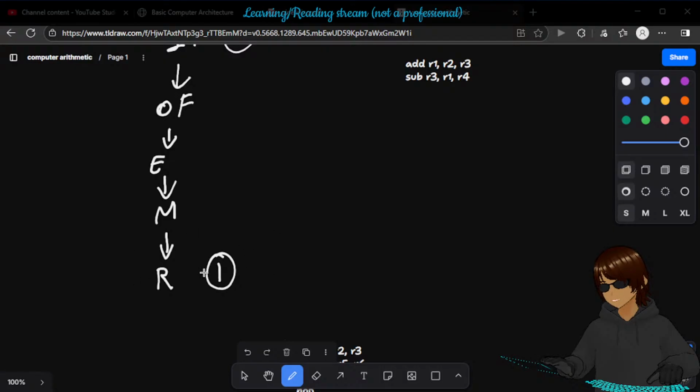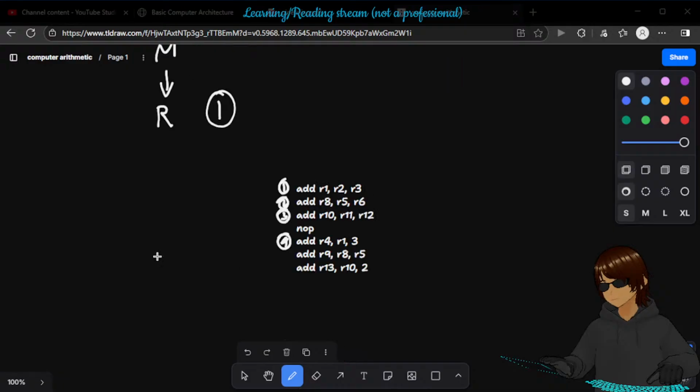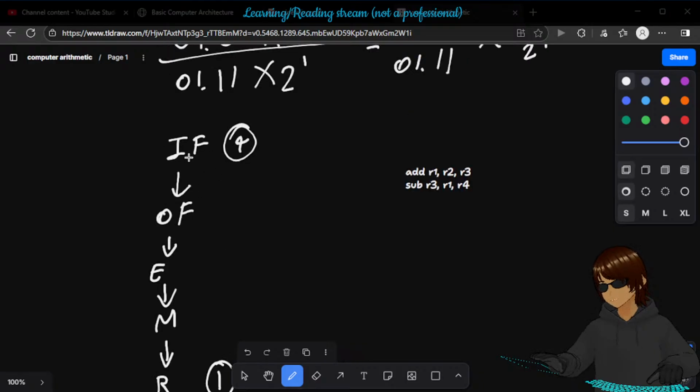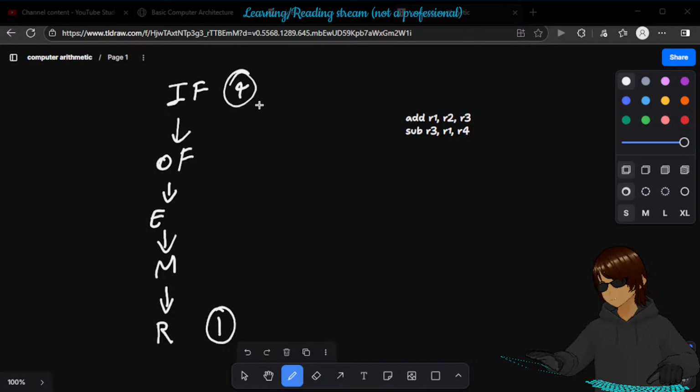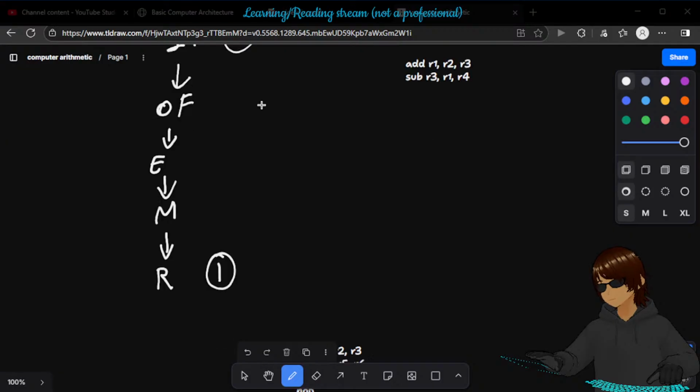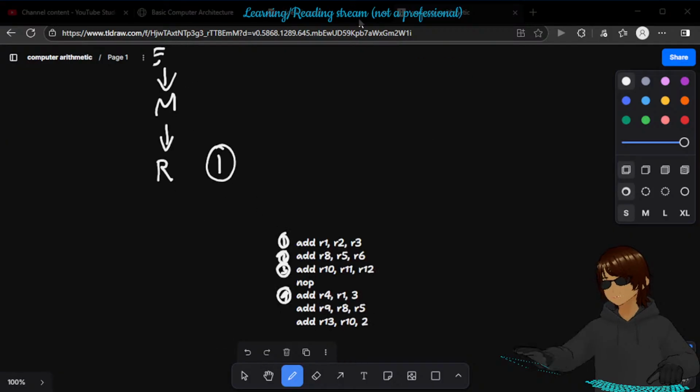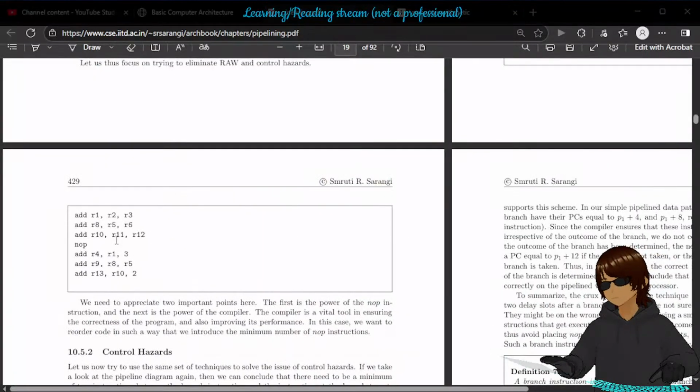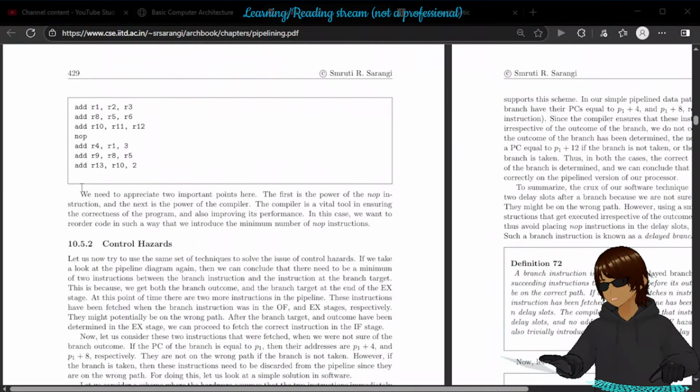Do the later stages happen first? 4 is in the instruction fetch stage and 1 is in the register stage. Would 4 read the new register value? I think it would, right? Yeah, I think it would. So I think 1 NOP instruction would be fine.